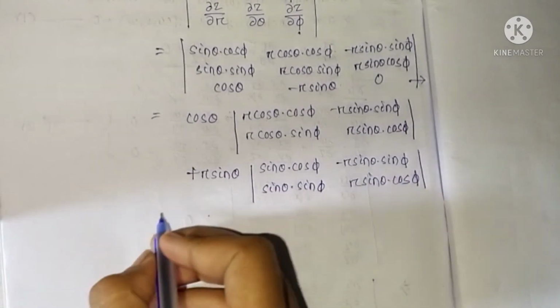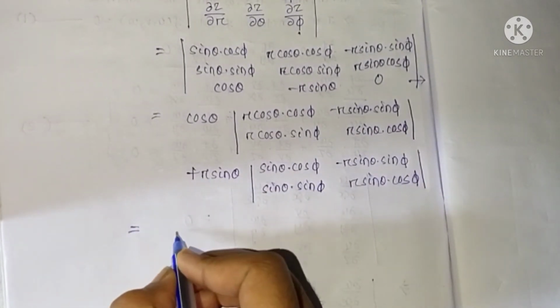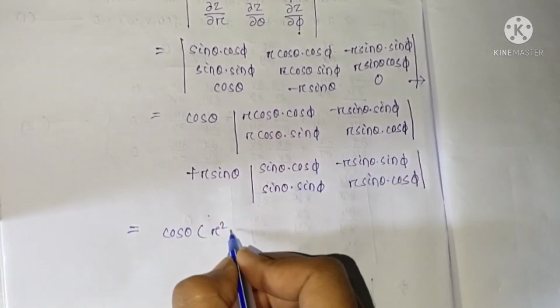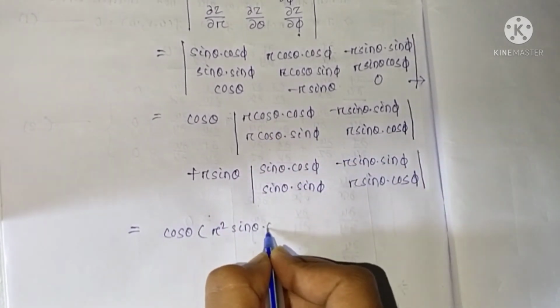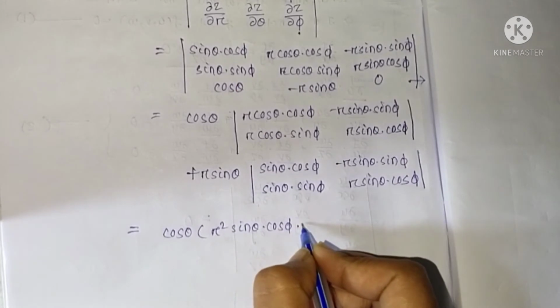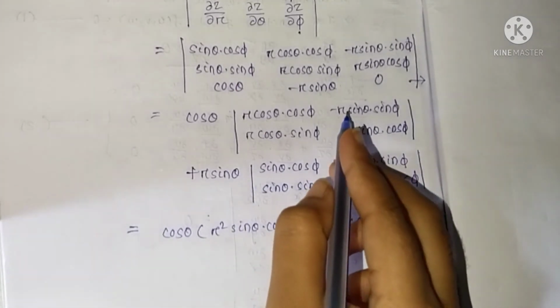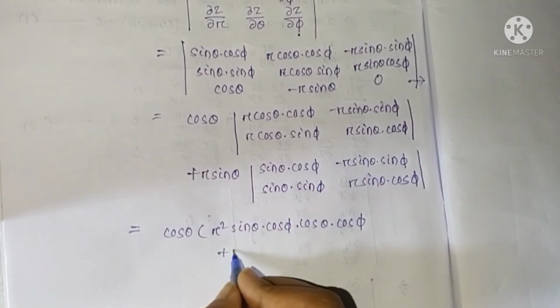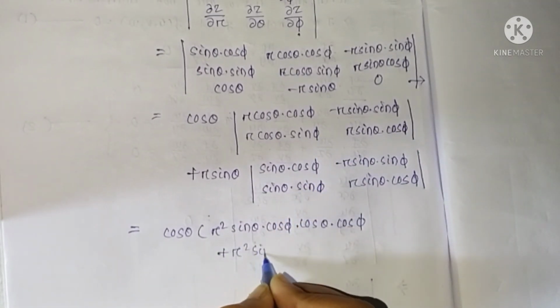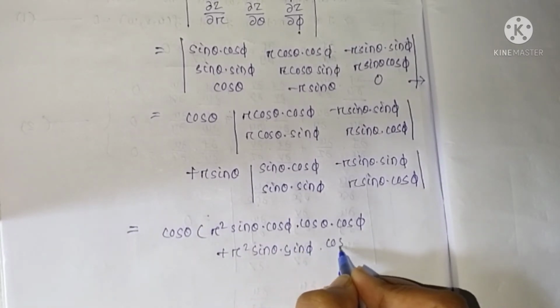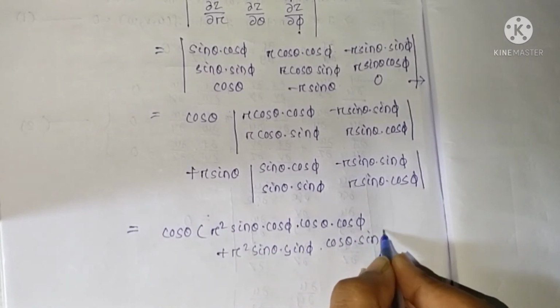So solving this, we get cos θ into r² sin θ cos² φ, plus r² sin θ cos θ sin² φ.